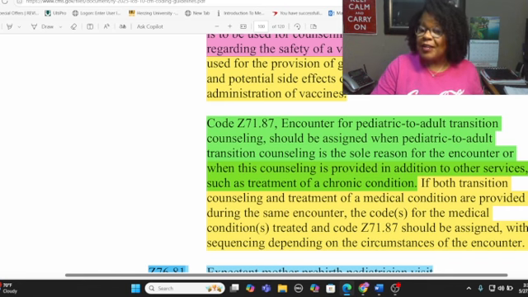Now, if both transition counseling and treatment of a medical condition are provided during the same encounter, the code or codes for the medical condition or conditions treated and code Z71.87 should be assigned, with sequencing depending on the circumstances of the encounter. So whatever the reason for the visit will go first.